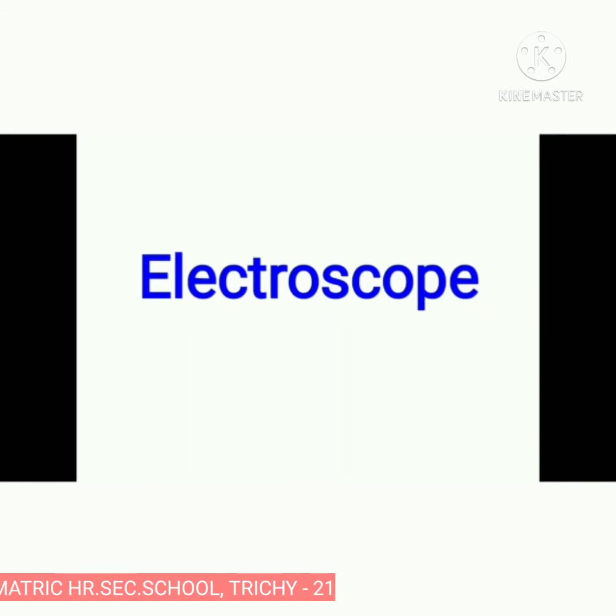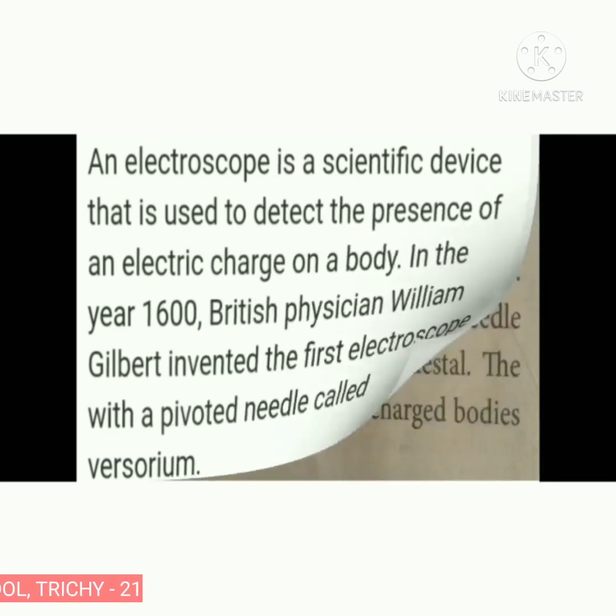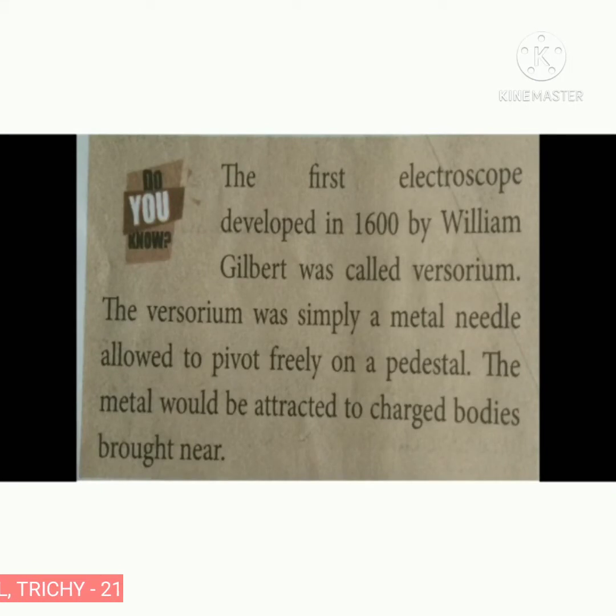Next topic, electroscope. An electroscope is a scientific device that is used to detect the presence of an electric charge on a body. In the year 1600, British physician William Gilbert invented the first electroscope with a pivoted needle called versorium.